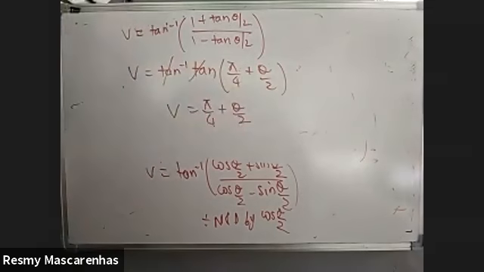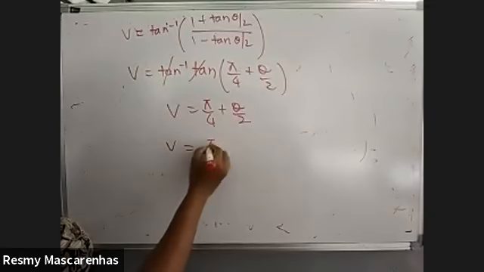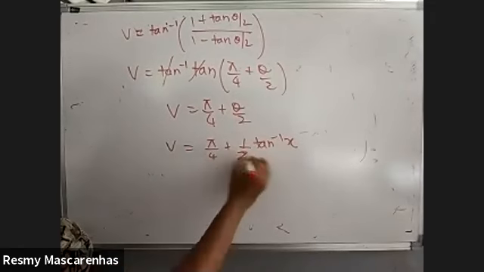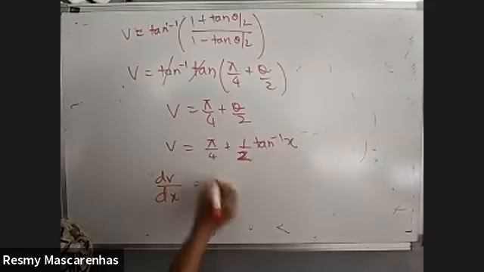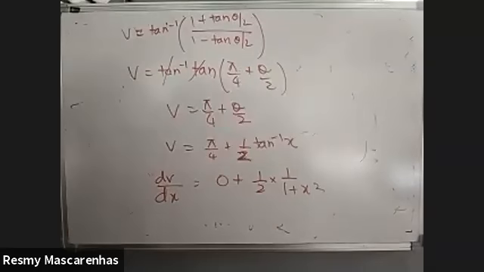Now resubstitute what was theta. Theta was tan inverse of x, so half I'm writing, pi by 4 plus half tan inverse of x. And now find dv by dx. The derivative of pi by 4 will be 0. The whole answer is 1 upon 1 plus x square. Yes. So this will be dv upon dx.